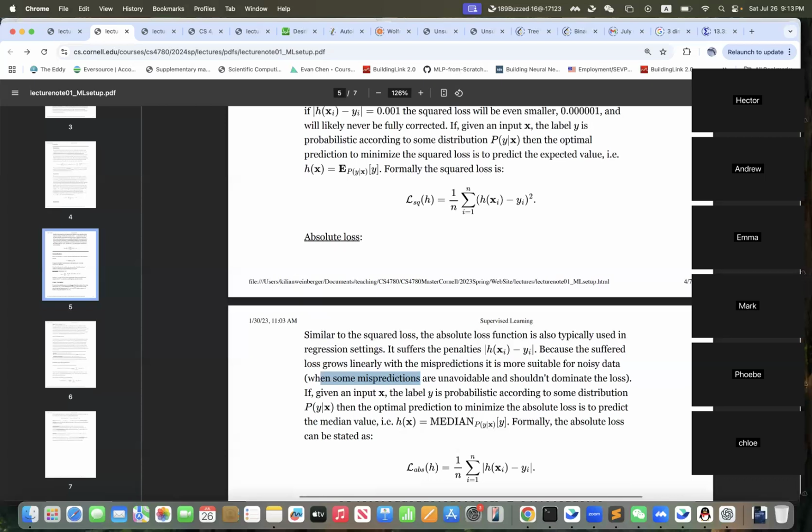So let me give you an example. In image recognition, say you are recognizing human faces. Mispredictions are of course unavoidable because two humans can be very similar in terms of faces, right? They are twins, so misprediction between twins is unavoidable. It can also be due to an objective constraint.